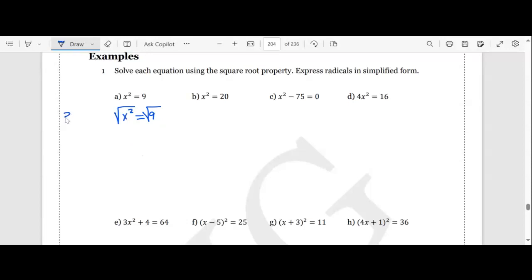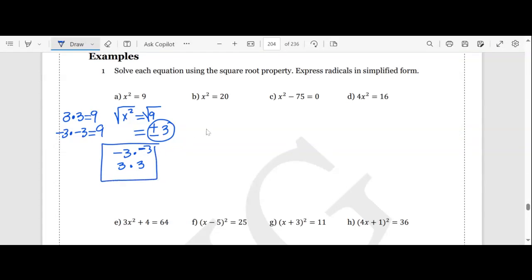As you know, if I multiply 3 times 3, what's the answer? If I say negative 3 times negative 3, what's the answer? 9. So the answer here is going to be what? Plus or minus 3. Why? Because it could be negative 3 times negative 3, or it could be 3 times 3. So is this clear? So you have two options here.